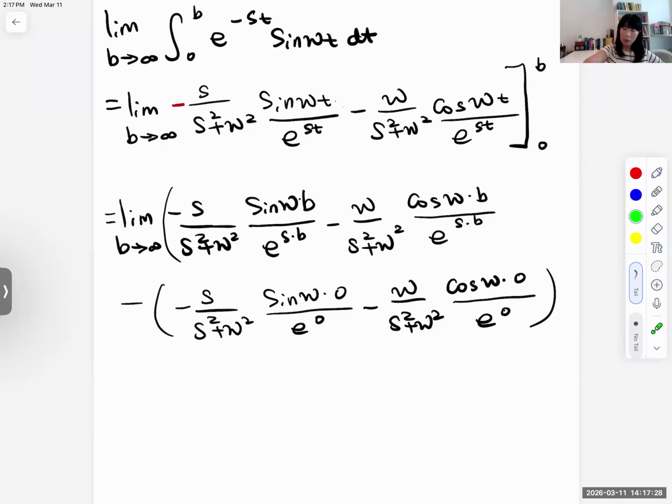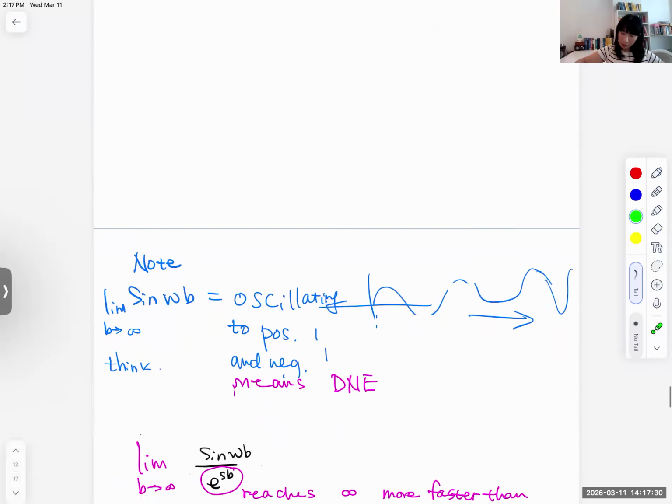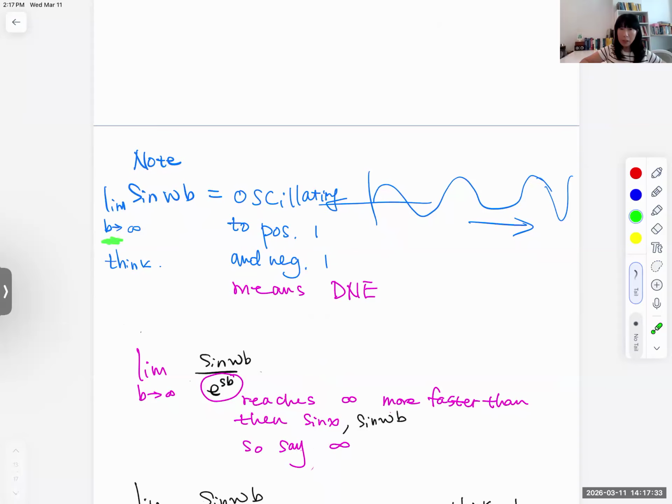So look, I have a note here. If b approaches positive infinity, we have a sine omega b. Then this is oscillating between positive 1 and negative 1. Okay, and then we knew that it is a periodic function. So as b goes to positive infinity, the limit does not exist.